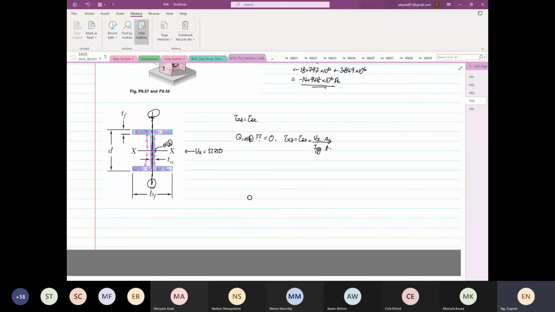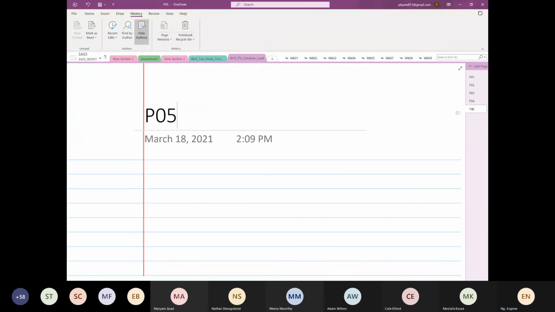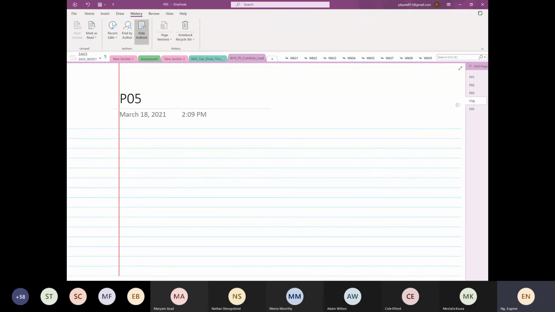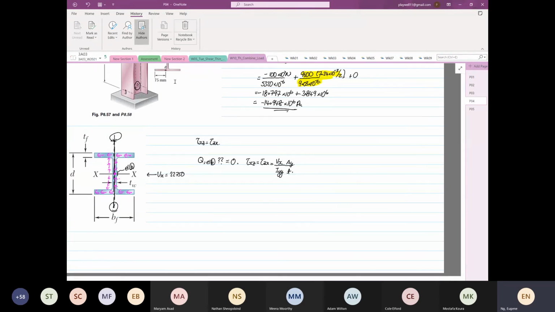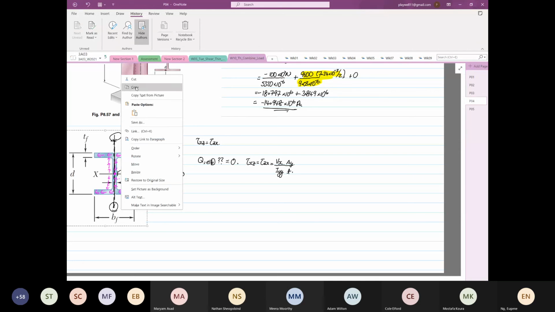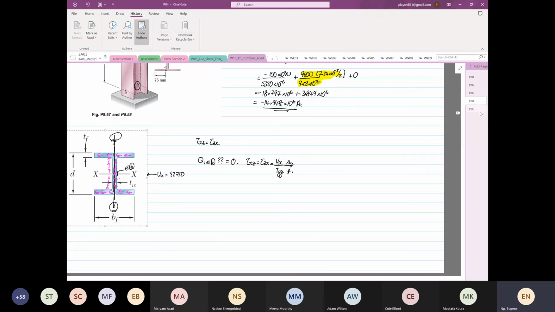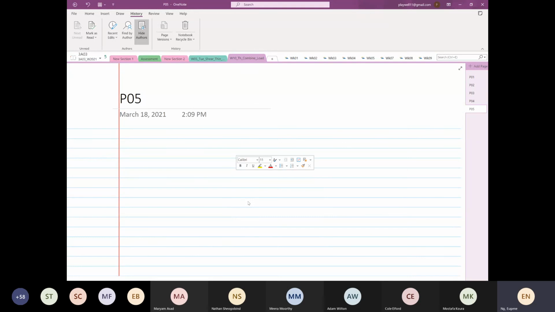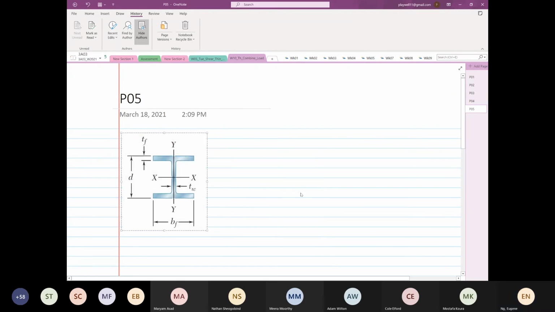Then the next one. This one is straightforward. So we are going to do this based on Vy. So we are going to look at Vy now, the shear stress from Vy.